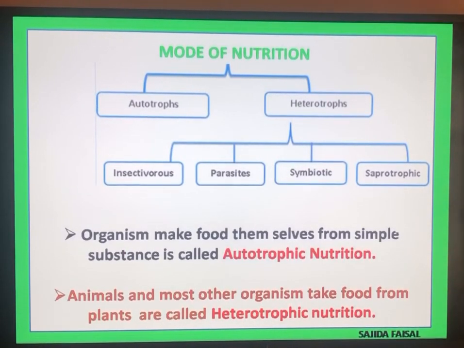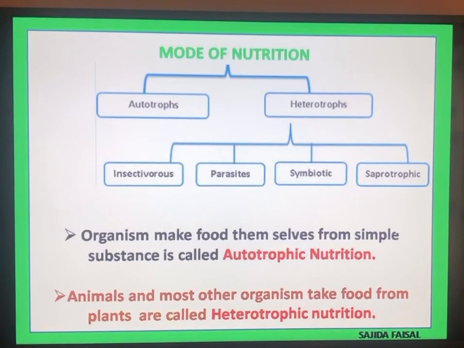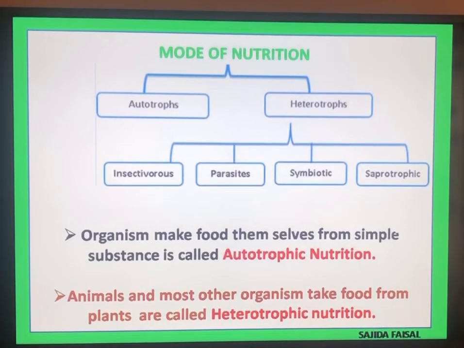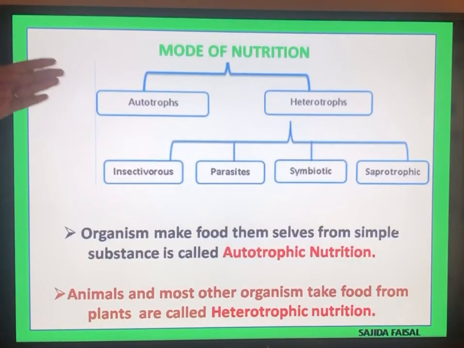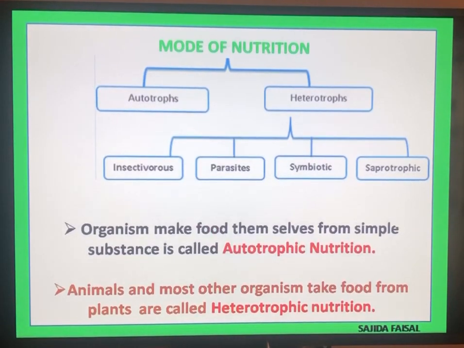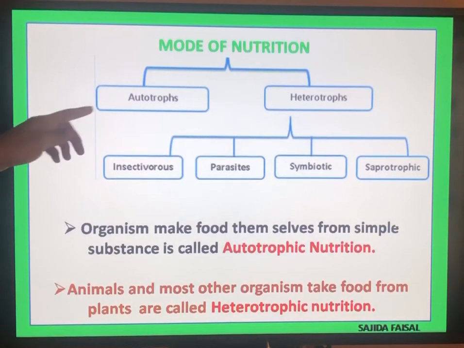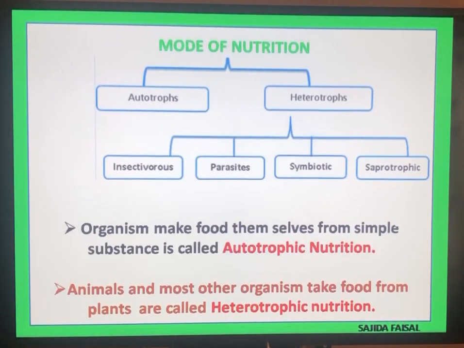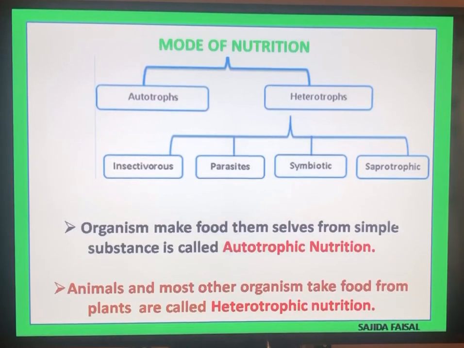The modes of nutrition. In nutrition we are having different modes of how the organisms are getting food. According to that, we have two modes of nutrition: autotrophic nutrition and heterotrophic nutrition. What do you mean by autotrophic nutrition? That means autotrophs. The organisms make food themselves from simple substances is called autotrophic nutrition.